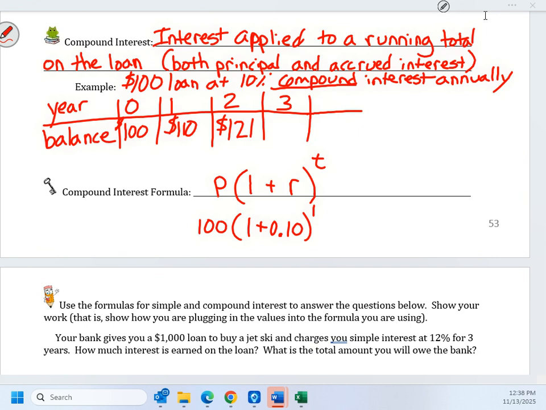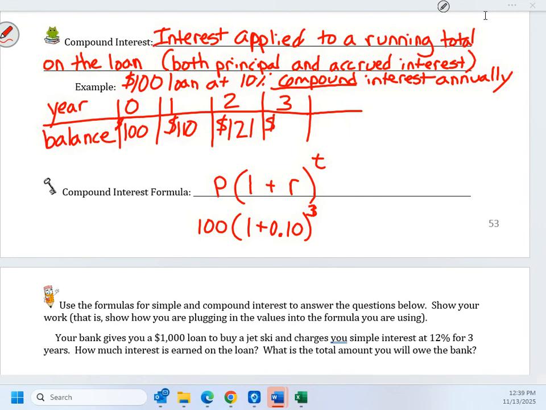So what's changing is your exponent. As that time is changing, your exponent is changing. To find it at 2 years, you'd put a 2 for your exponent. Now at 3 years, we're putting a 3 for the exponent. What is that, Henry? 133.